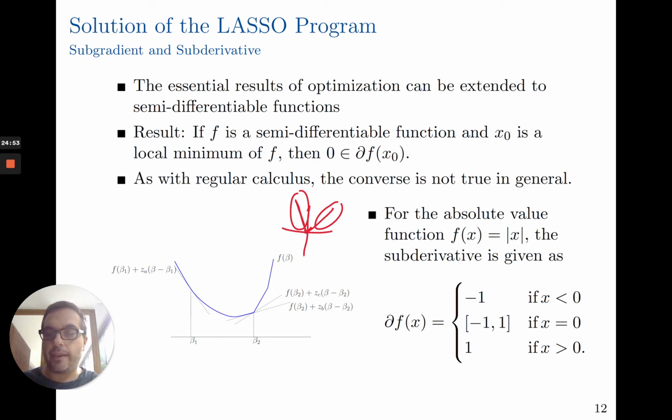It could be anything between +1 and -1, because this is a tangent to the point, and this is also tangent to the same point. So any tangent between these two limit tangents would be a viable tangent. So for the case of x equals 0, we have the subgradient being this set valued function between -1 and +1. This looks like a complicated thing, but it will allow us to derive many properties of the lasso program.